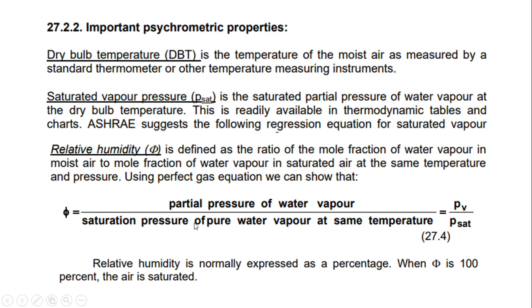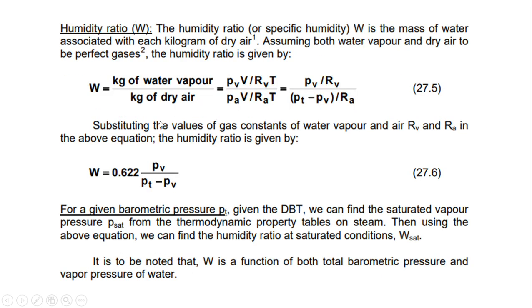So, the partial pressure of water vapor to the saturation pressure of pure water vapor at the same temperature, or the mass of water vapor in a given volume to the saturated mass of water vapor in the same volume at the same temperature, is known as relative humidity, normally denoted by phi. Okay, next one is humidity ratio. You may have the notation omega or W.